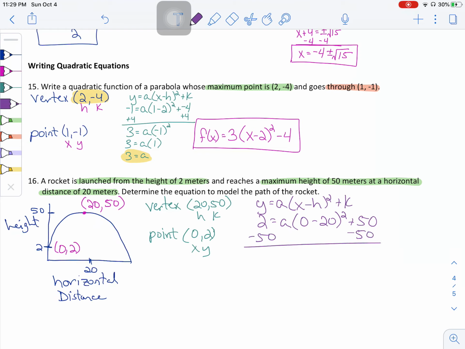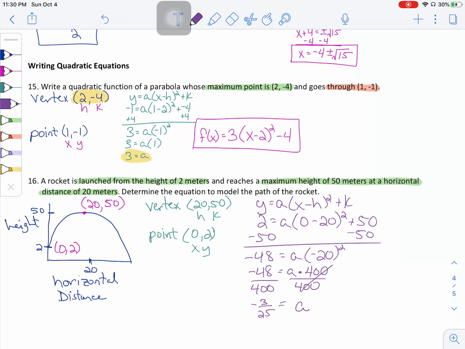So let's see, negative 48 equals a times negative 20 squared, which is 400. Divide both sides by 400. So a is equal to, now that fraction is going to turn into some weird looking decimal that I'm really not interested in, but I would like the fractional answer of negative 3 over 25. Unless the directions say otherwise, don't use decimals, use fractions, they're exact, okay?